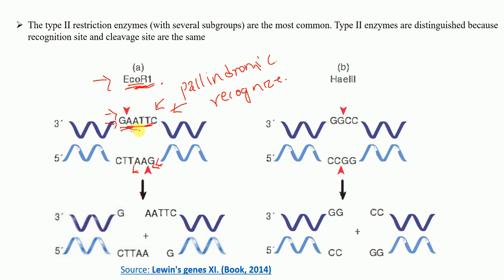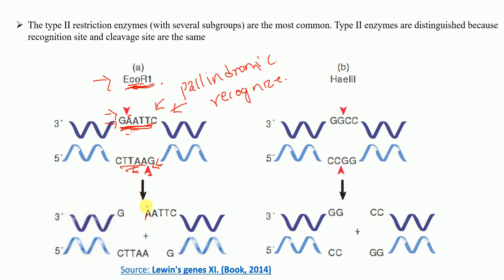So this is the recognition sequence for EcoR1, and it will cleave this. EcoR1 will cleave from this side, between G and A, on this strand, whereas from here it will cleave on the other strand. So then what will happen, guys? Here G will be left, and here we will have this sequence left.